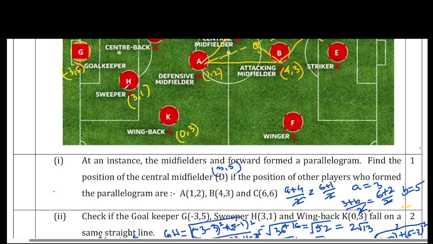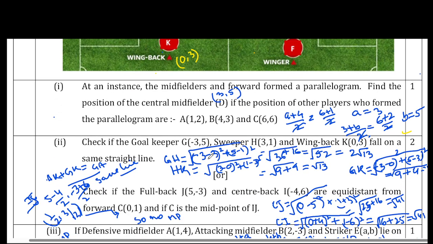So find out GH, HK and GK by the distance formula, (x2 minus x1) whole square plus (y2 minus y1) whole square. So you can find the values: GH is 2 root 13, HK is root 13, and GK is 2 root 13.